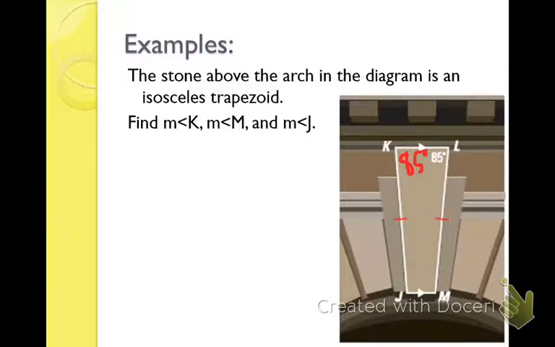And then what would M be? I'll give you a clue. We know what M is because these two lines right here are parallel. So based off of L being 85, what would we know M to be? Aaron, how'd you get that? Yes. Because these lines are parallel, these are consecutive interior angles, so they sum to 180.